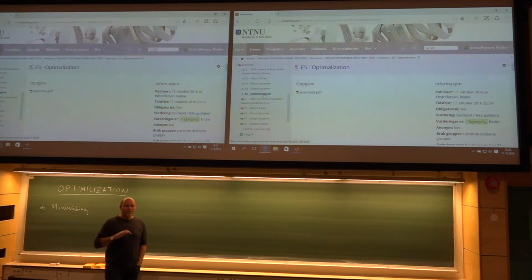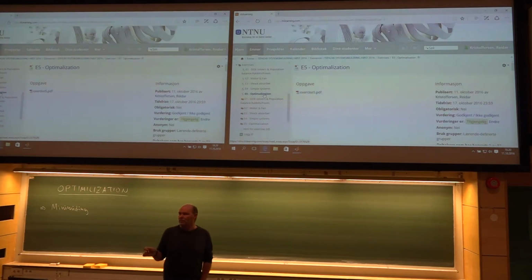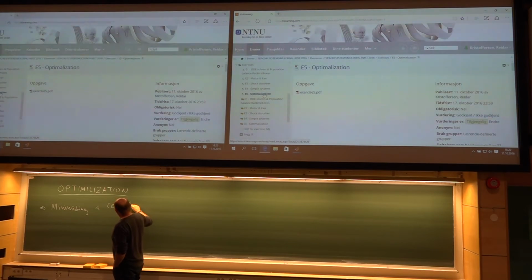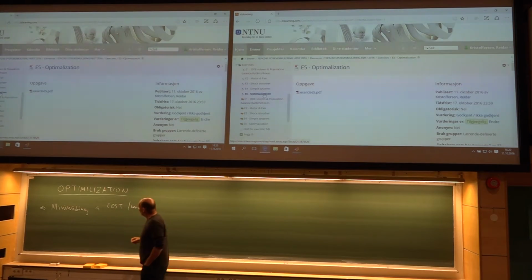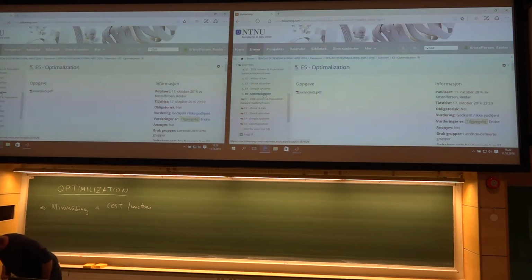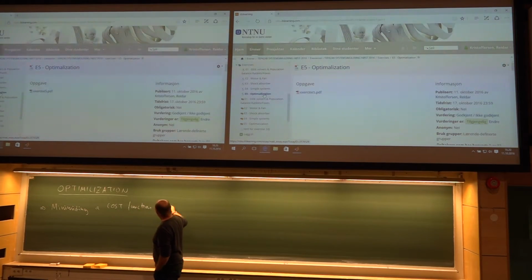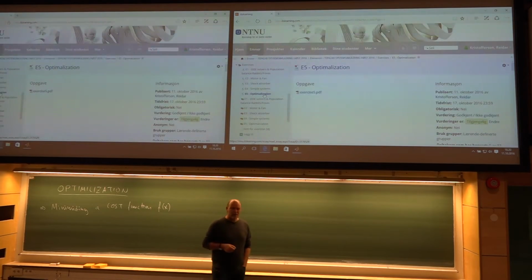Strangely enough, always minimizing, never maximizing. You are minimizing what's called a cost function. And how do we write this cost function? F of x. Always minimizing.